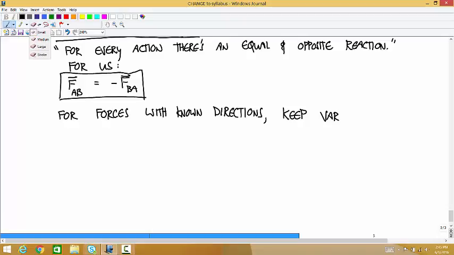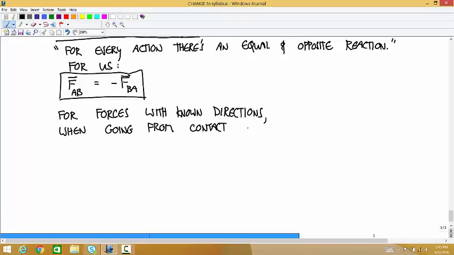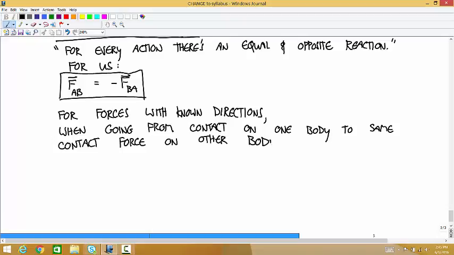Let me elaborate a little before that. When you're going from the contact force on one body to that same contact force on the other body, keep the scalar variable the same and just switch the direction of the arrow.